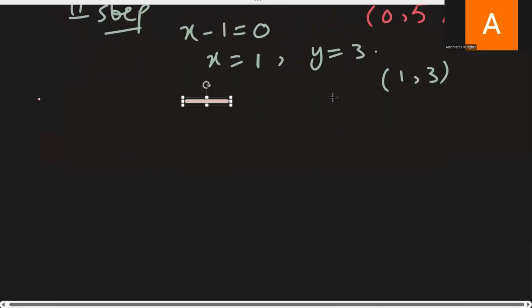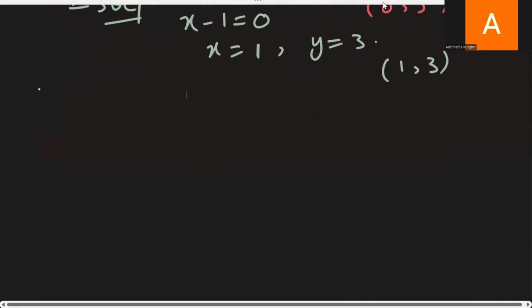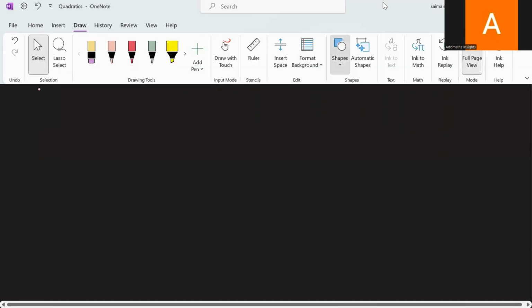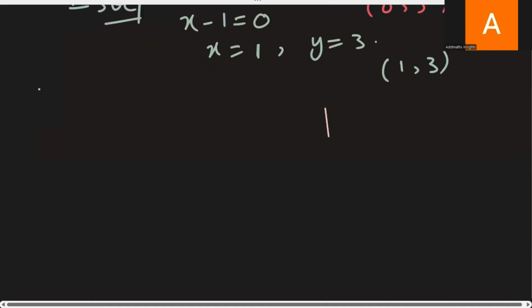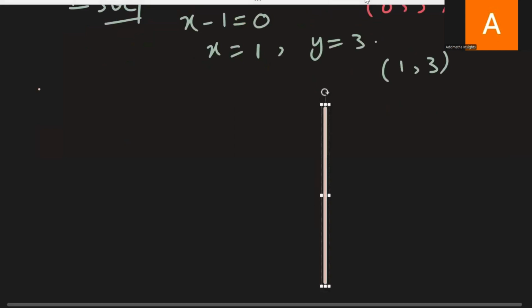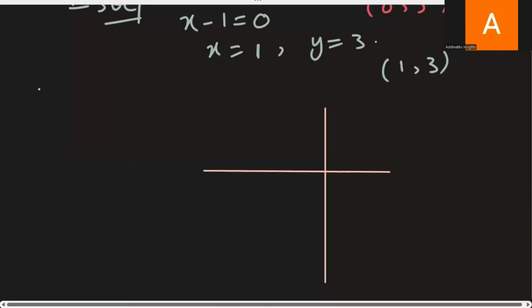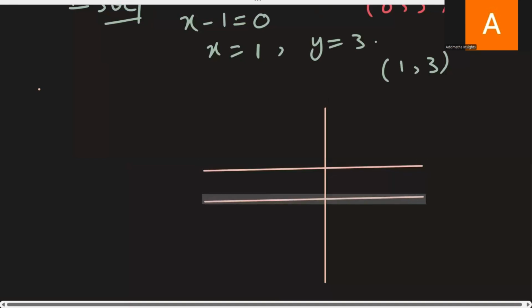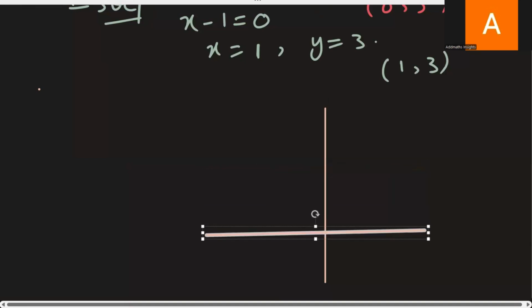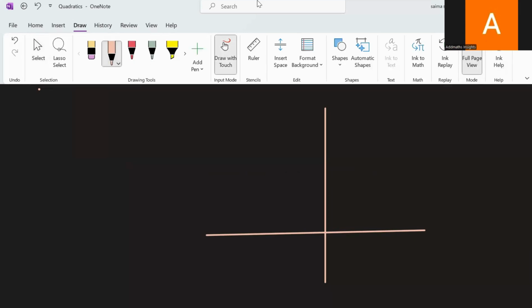We draw the axes first, the x axis and y axis.